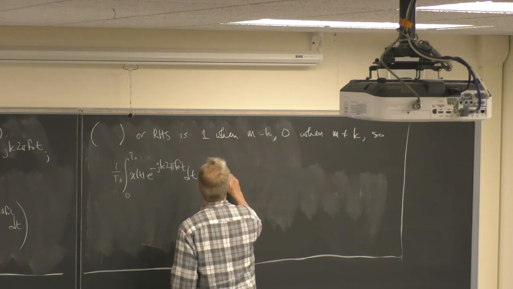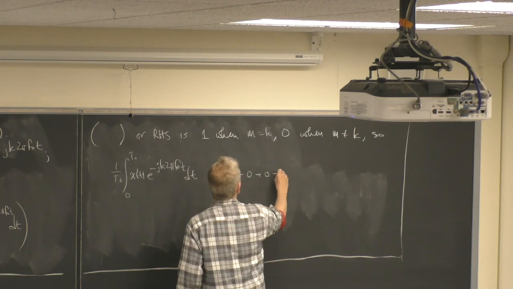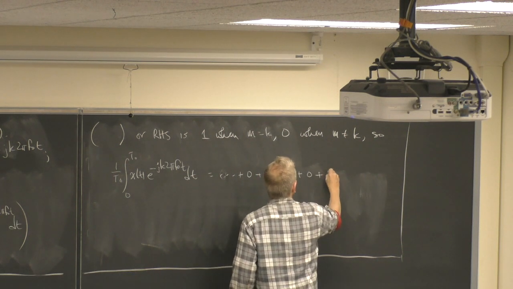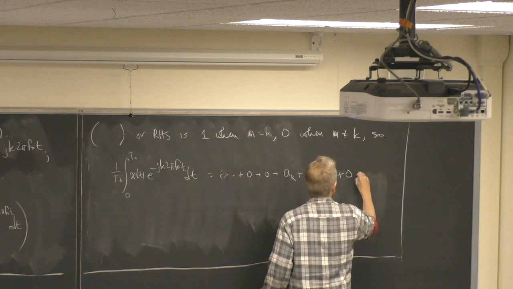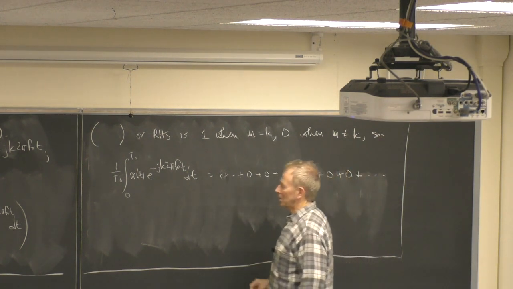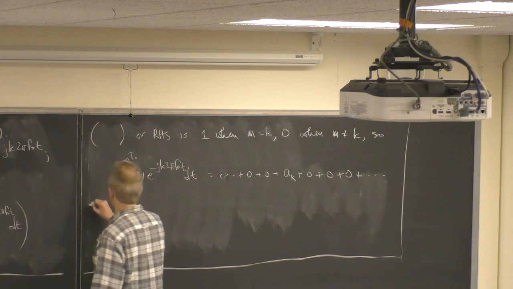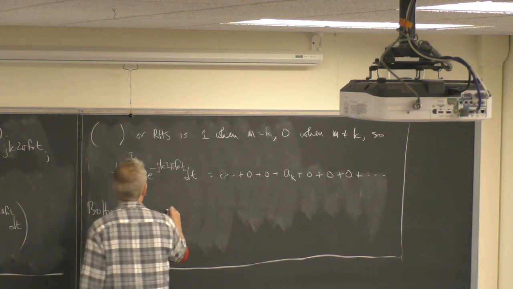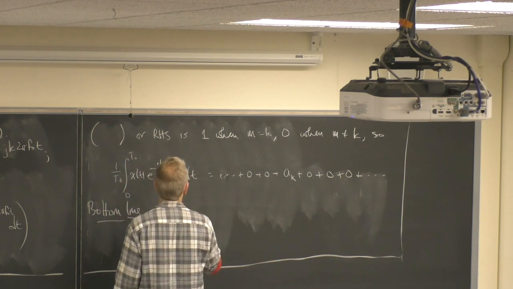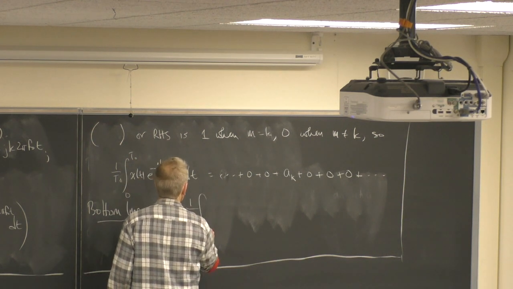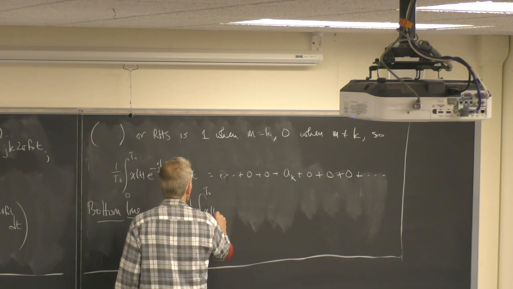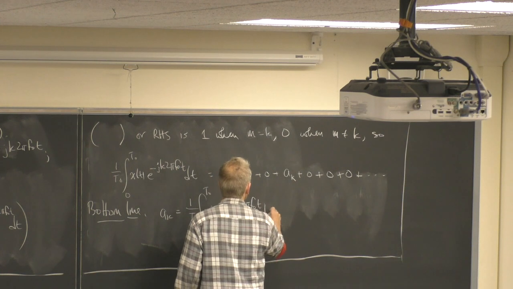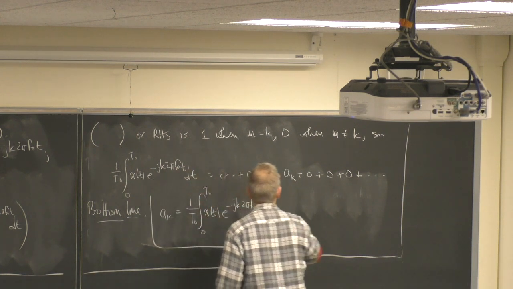So you're going to have dot, dot, dot, plus 0, plus 0, plus ak, plus 0, plus 0, plus 0, dot, dot, dot. And that's just equal to ak. Bottom line: ak equals 1 over t0, integral from 0 to t0, x of t, e to the minus jk 2 pi f0t dt. And this is for when k is not equal to 0.